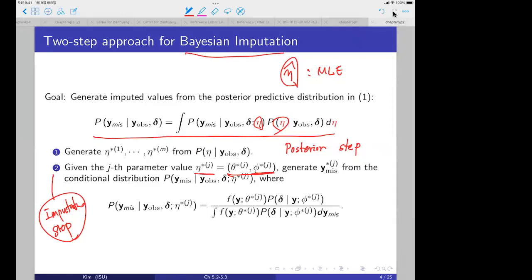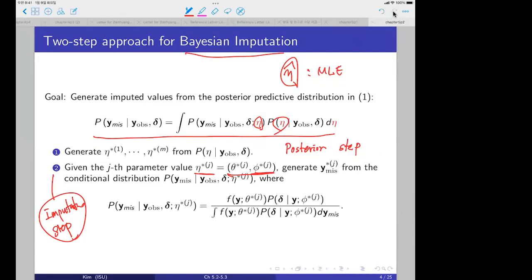I mean, can we directly assume a model distribution of y miss given y observed, without knowing that? So we can treat this as known, yes.